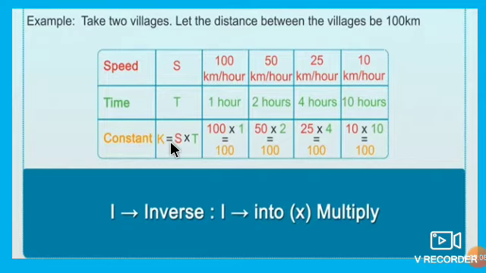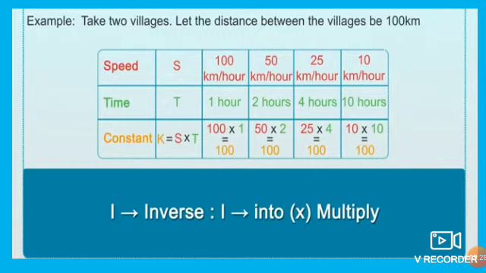What is the difference between direct proportion and inverse proportion? In direct proportion, as one quantity increases, the second quantity also increases, or if one quantity decreases, the second quantity also decreases.